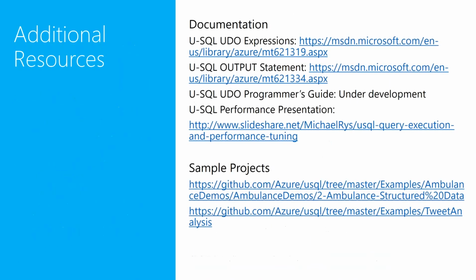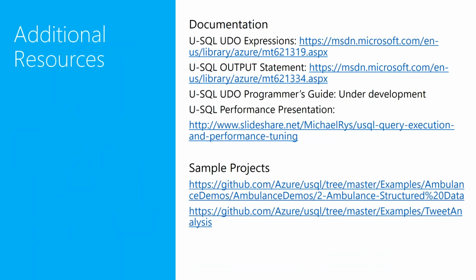So let me summarize here. You have additional links for UDO expressions and output statements on MSDN in the documentation. The UDO Programmer's Guide is under development, and should be available by GA. I apologize for the delay on that.